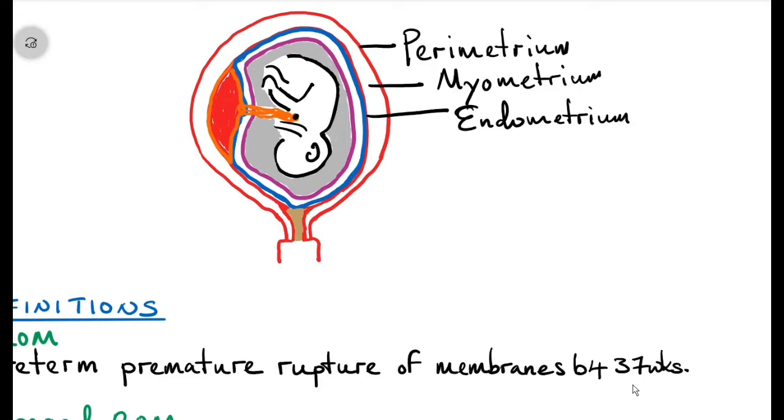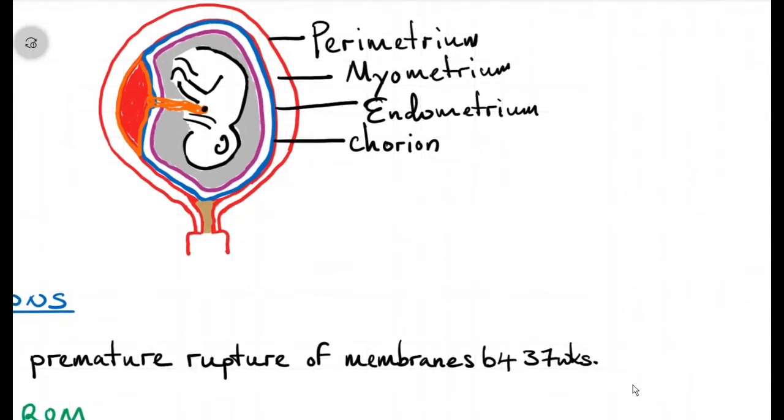There's an outer fetal membrane and an inner fetal membrane. The outer fetal membrane is known as the chorion. The inner fetal membrane is known as the amnion. So these two fetal membranes make up the amniotic sac.